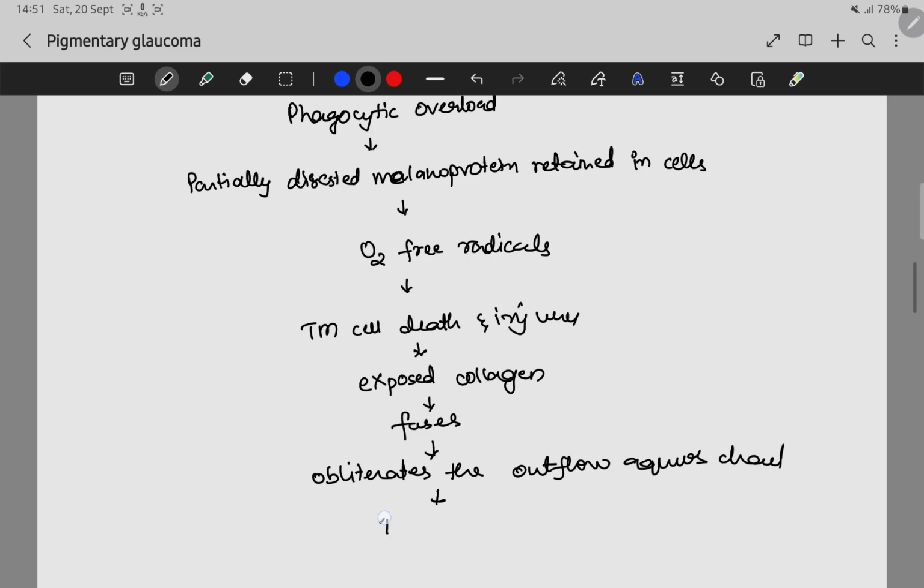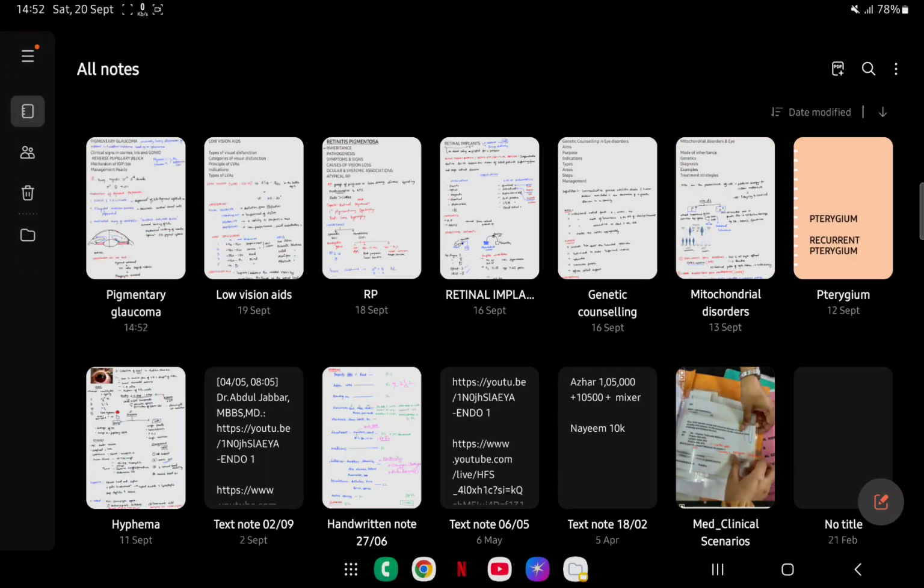There is increased resistance to outflow, leading to pigmentary glaucoma. Right? So this is the mechanism of IOP rise.